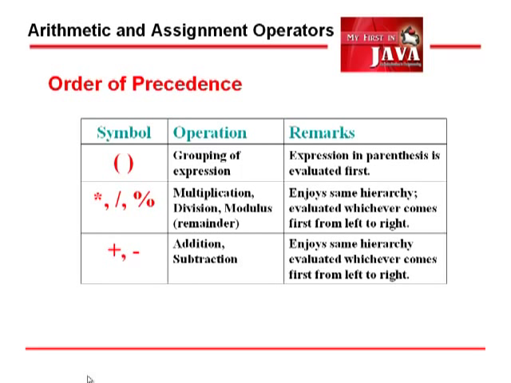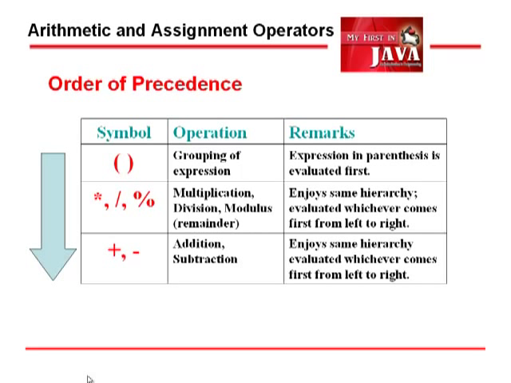Order of precedence. So if you have the following mathematical expressions, addition, multiplication, which one are you going to evaluate first? Normally there would be a hierarchy. On top of our list would be the parentheses, which serve as the grouping expression. Next would be multiplication, division, and the remainder for the modulus. Last would be addition and subtraction.